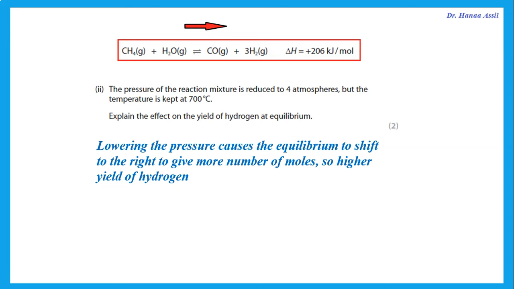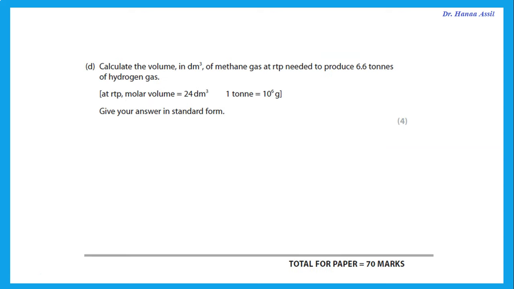In this case, more number of moles is the one on the right, or going forward, and that means going forward will happen more, so we will get higher yield of hydrogen. So we say lowering the pressure causes the equilibrium to shift to the side that has more moles. In this case, it is to the right or forward, so we have higher yield of hydrogen.